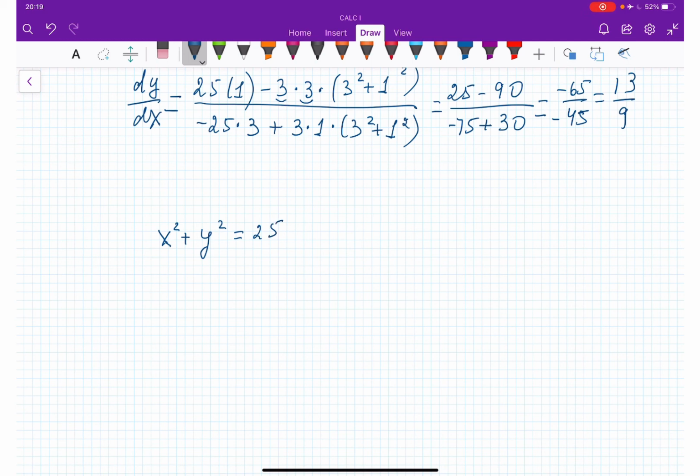So we need to find the second derivative. Okay, let's start by taking the derivative dy by dx first.